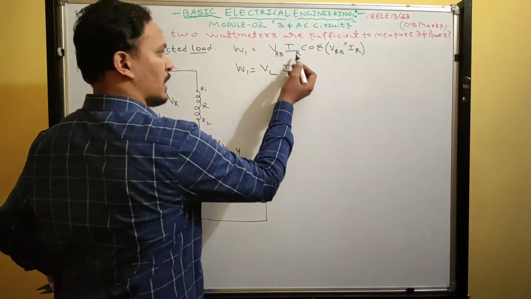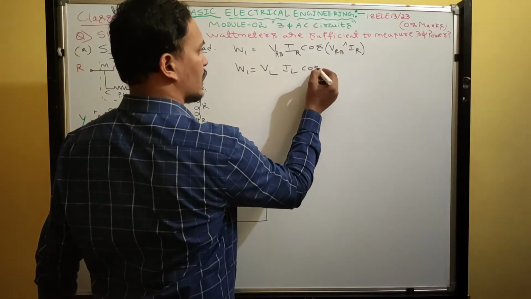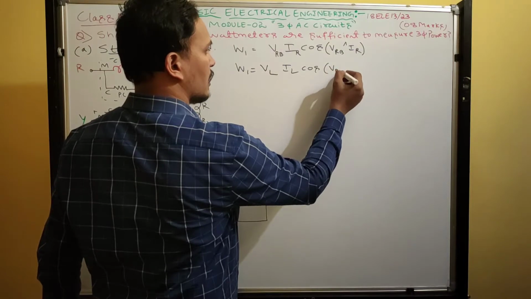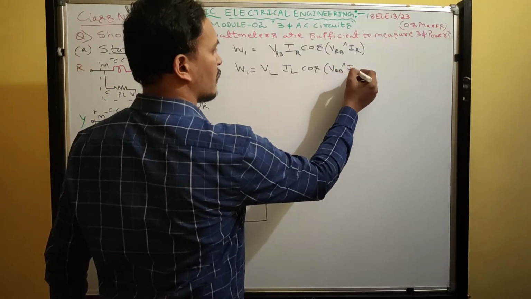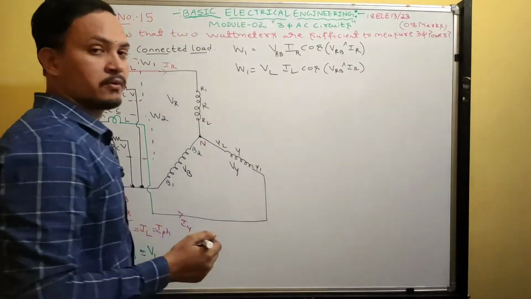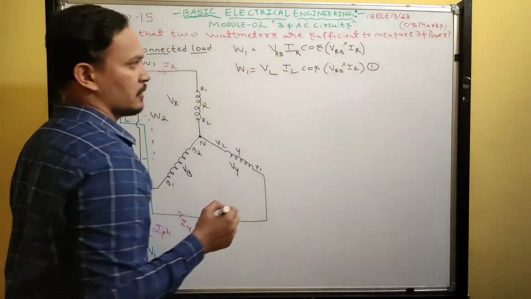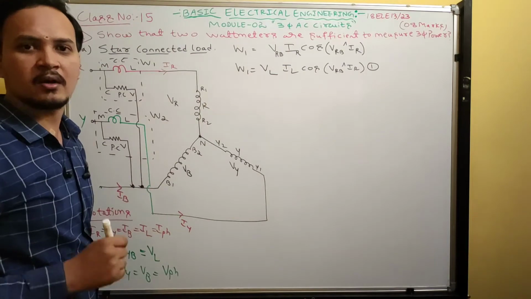So we can write IL into cos, and inside, don't change it, write as it is, VRB at an angle of IR. This I need to find out from the phasor diagram. So this is the wattmeter 1 reading. Keep it as equation number 1.